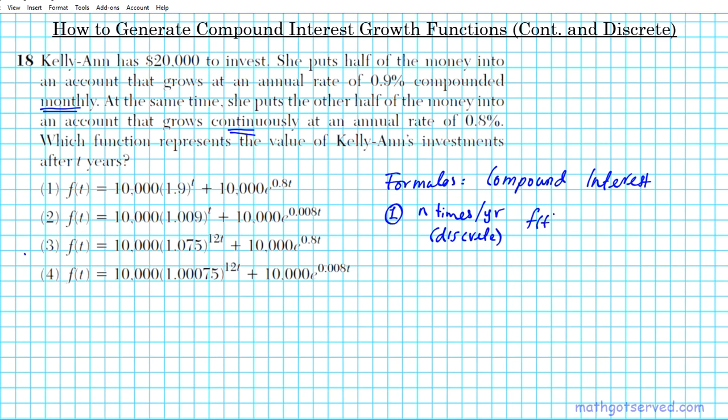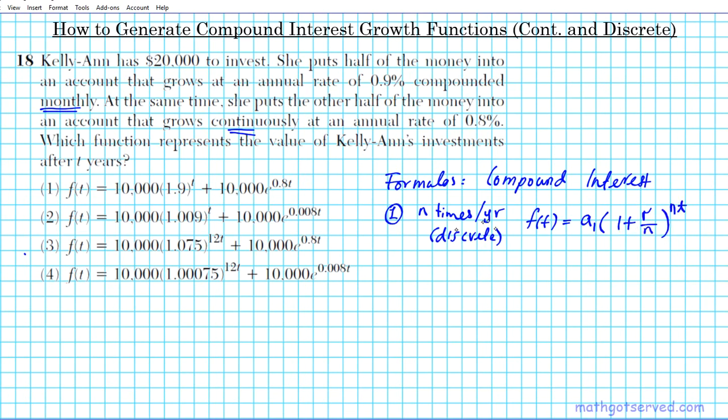F of t is going to be the initial amount, a1, times parenthesis 1 plus the rate in decimal form over n, raised to the nt.